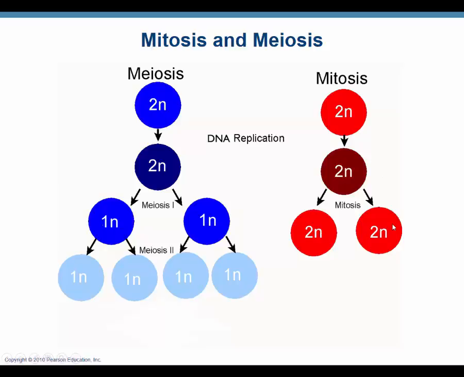Mitosis forms two diploid cells that are the same as the parent cell. This cell is going to divide again during meiosis 2 to form two more haploid cells. Same thing with this one, two more haploid cells. So comparing the two, 4 haploid cells at the end versus 2 diploid cells at the end. Everybody agree with that? And then we have some genetic variation that happens in prophase 1, metaphase 1, and telophase 1.